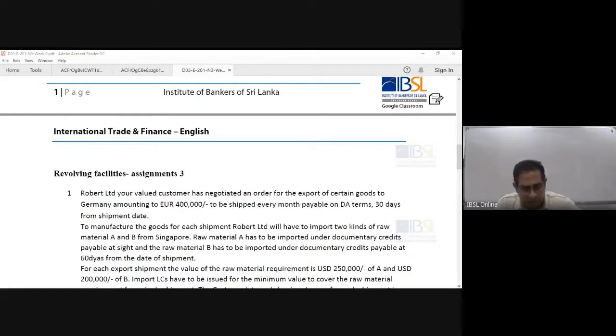So documents have gone to Germany 5 days after shipment date, and once the documents are received by the German bank, their customer comes over to the counter 3 days after that. So 8 days have been taken. From 60 days, 8 days have been consumed.